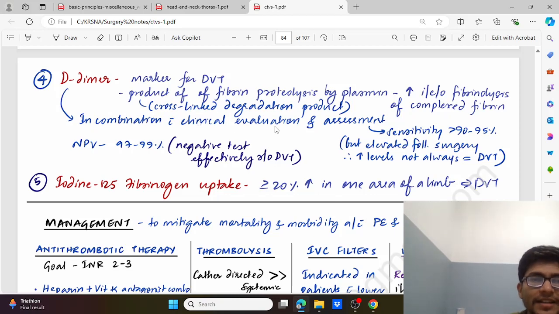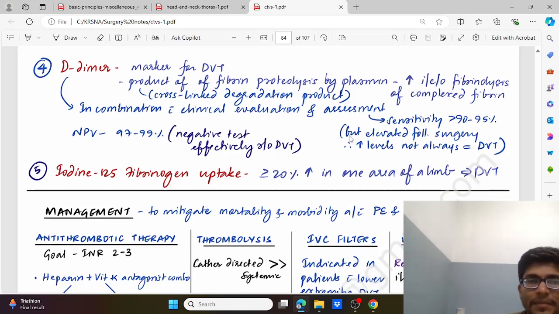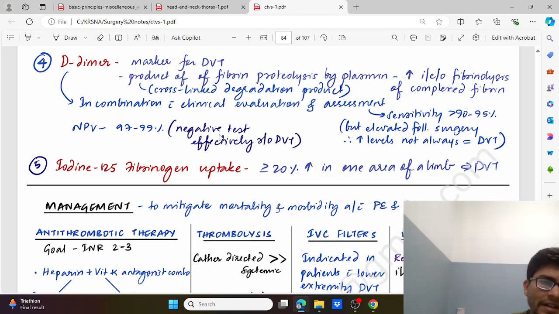In combination with clinical evaluation, its sensitivity is very high, more than 90 to 95%. But it is not always associated with DVT. Sometimes it is elevated after surgery. So the negative predictive value is 97 to 99%, and a negative test effectively rules out DVT.